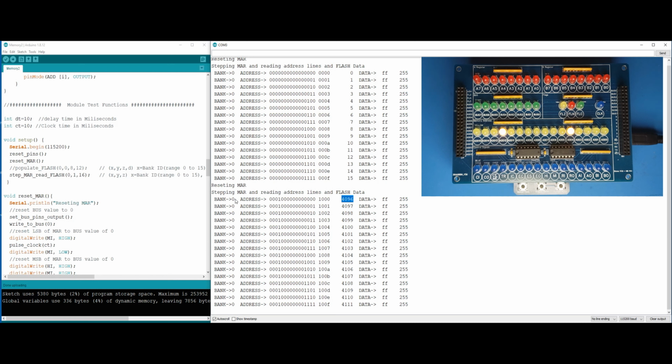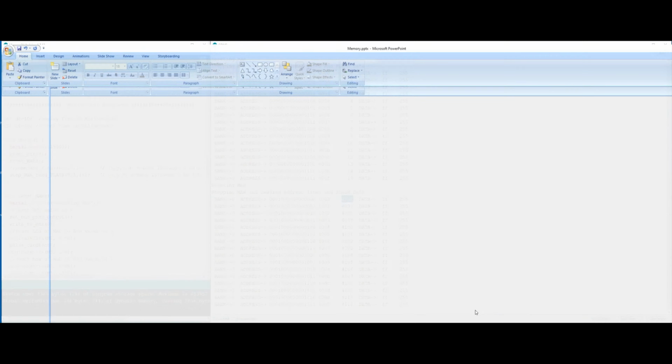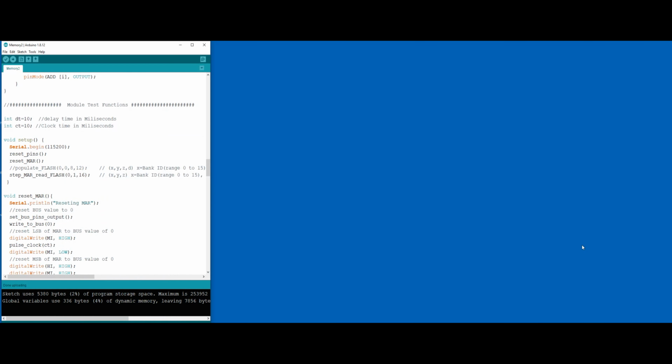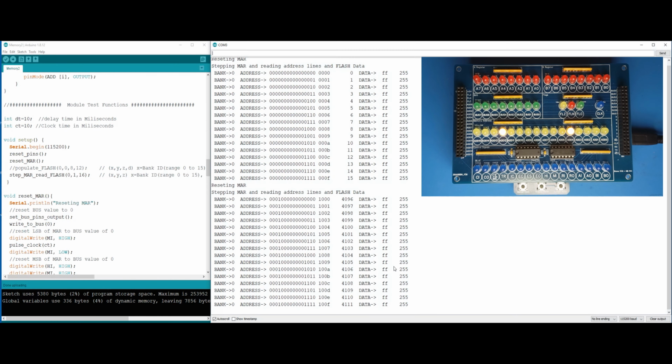And the bank is still 0, as you can see. If you look at it, you see that that bit went high, which is pointing to sector 1 of our flash. If you go back to our slides, essentially we are pointing to bank 0, but to sector 1 of that bank, which means that our first address is 4096, which is consistent with what we see on the screen.